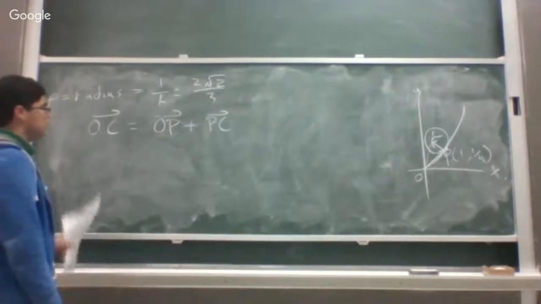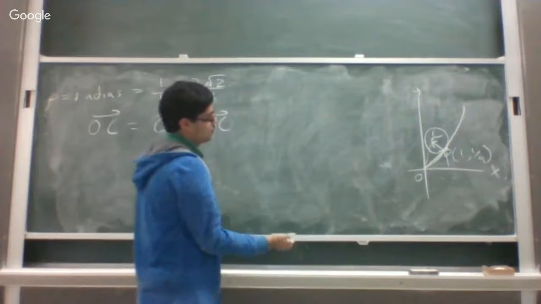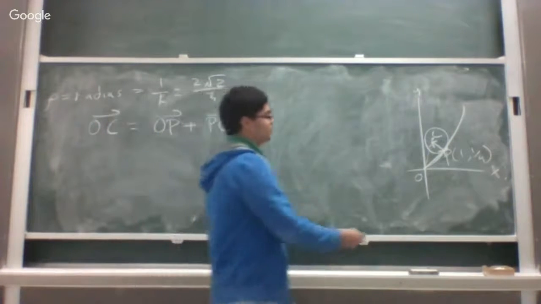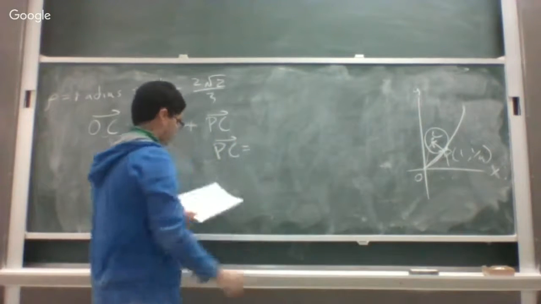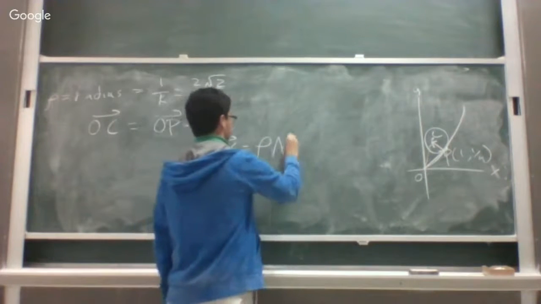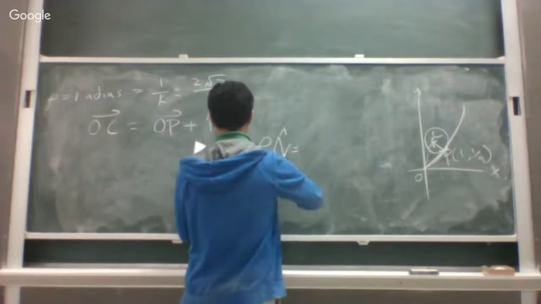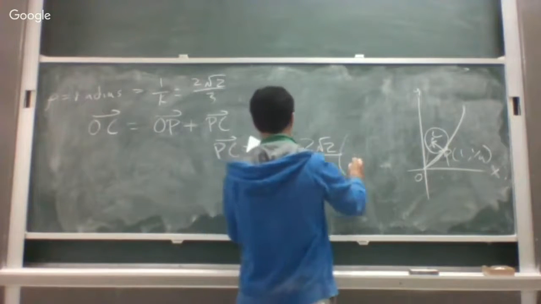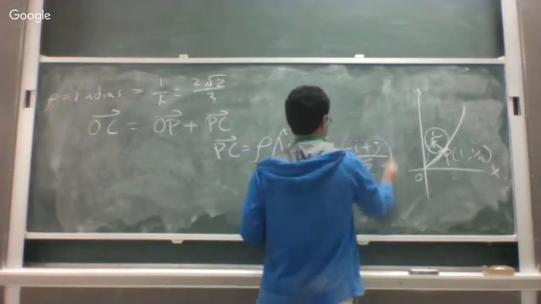Okay. The vector PC is, so we found the unit inner normal vector, right? That is just the direction of PC. So we want the vector PC. What we need to do is multiply by a magnitude. So rho is our magnitude times the normal vector, which is just the direction, gives us an actual vector. So we will have 2 square root of 2 over 3 times negative i plus j divided by square root of 2.